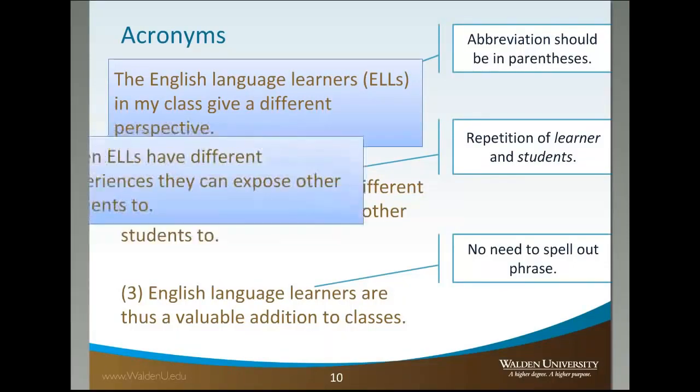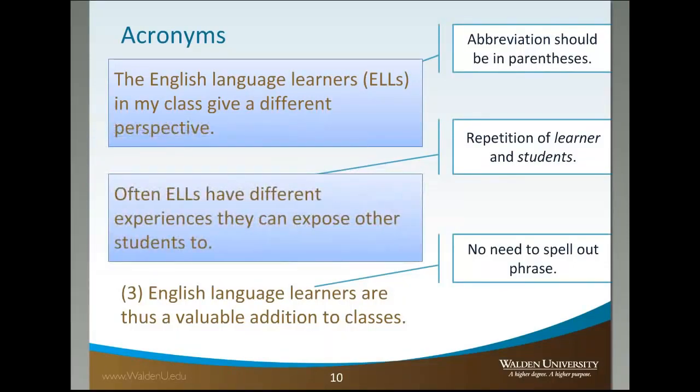So to correct that, you would just say often ELLs have different experiences they can expose other students to. If you imagine that you were saying the whole thing instead of just the acronym, you would say often English language learner students. That sounds redundant. So you just say often English language learners have different experiences. Make sure that you don't repeat extra words that are already included in the acronym.